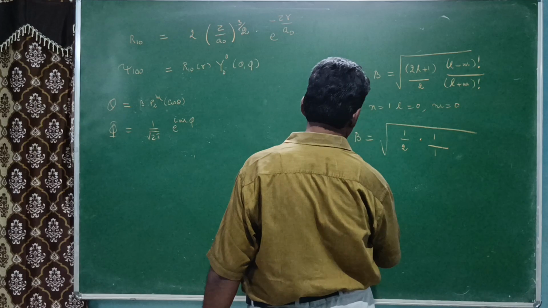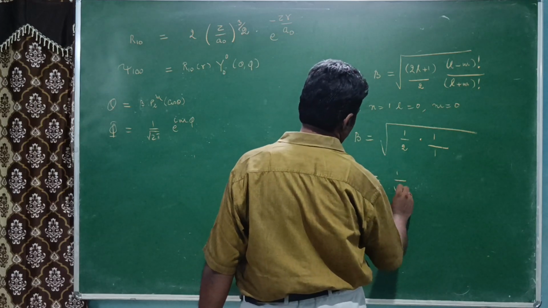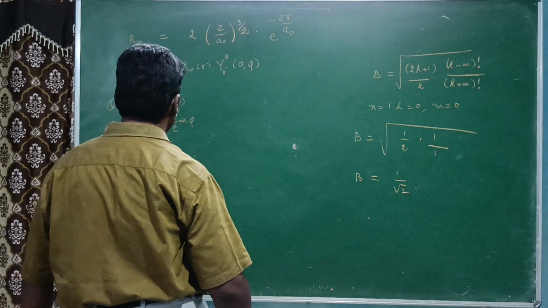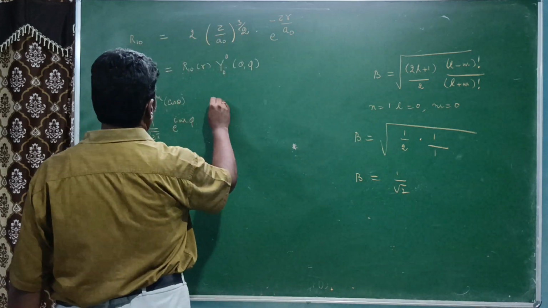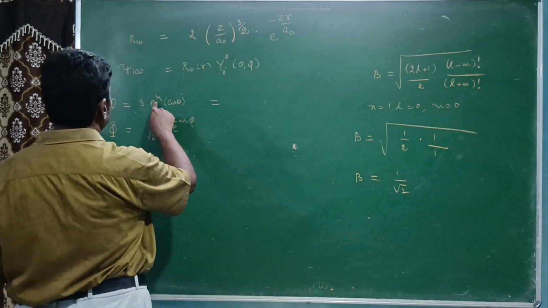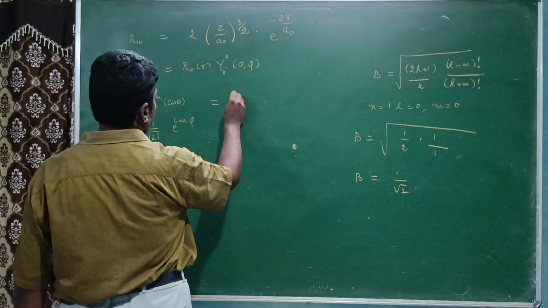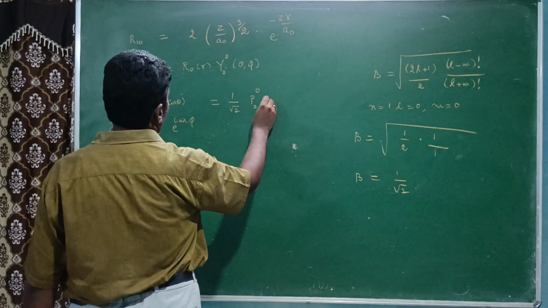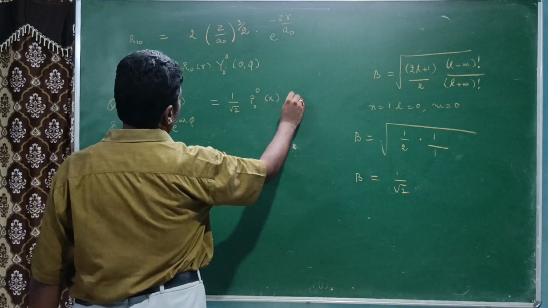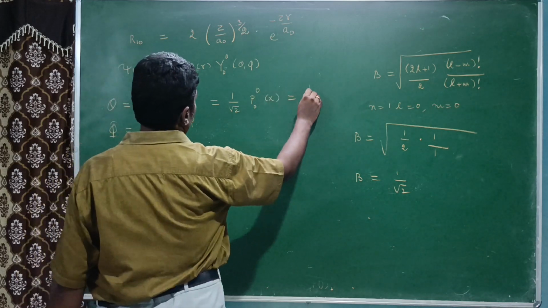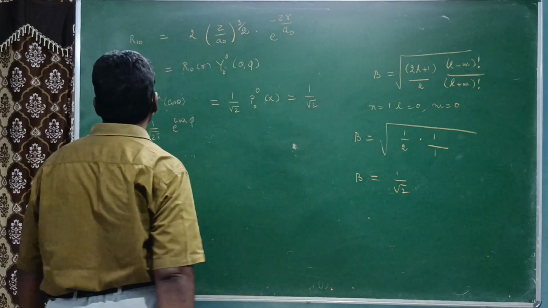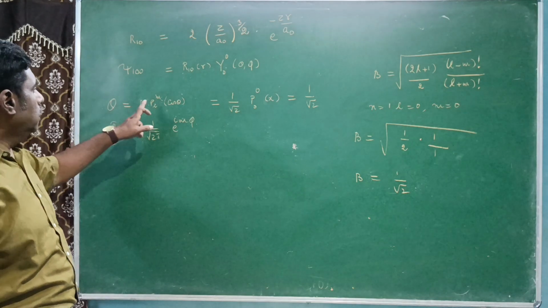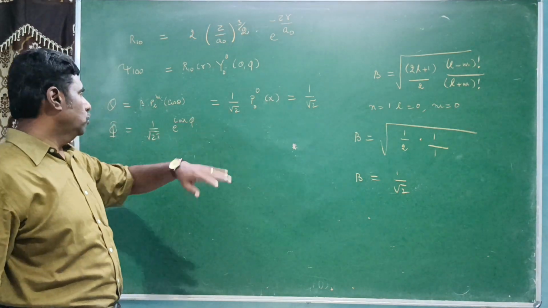So the value of B is 1 by root 2. We know that Theta equals B P l m of cos theta, which is 1 by root 2 into P 0 0 of x. P 0 0 of x is 1, so this is 1 by root 2. So the value of Theta is 1 by root 2.